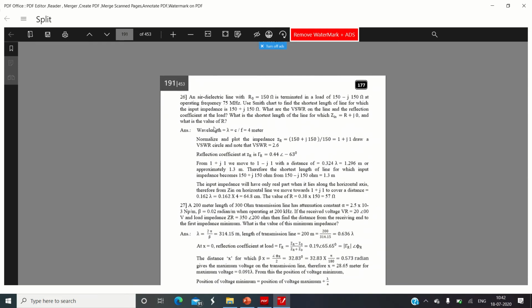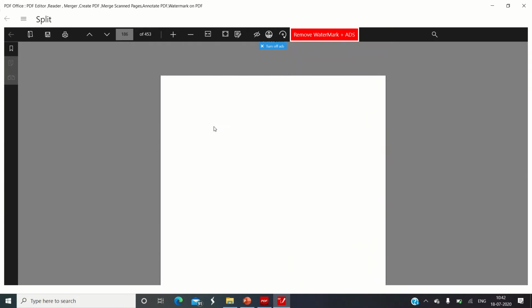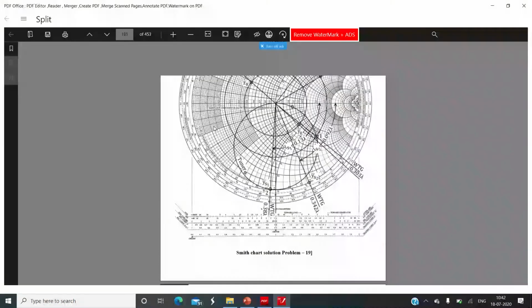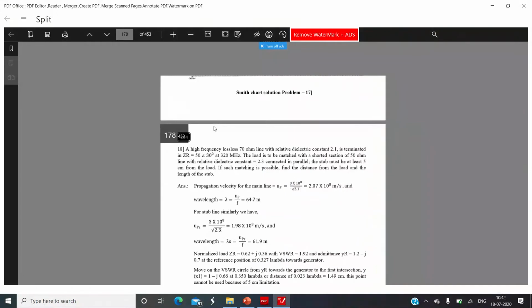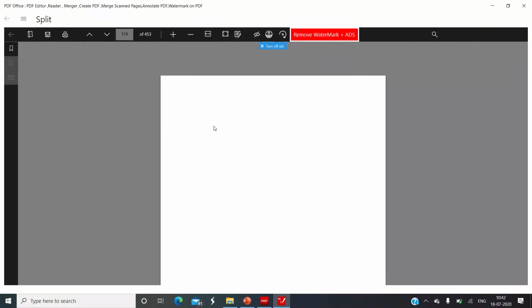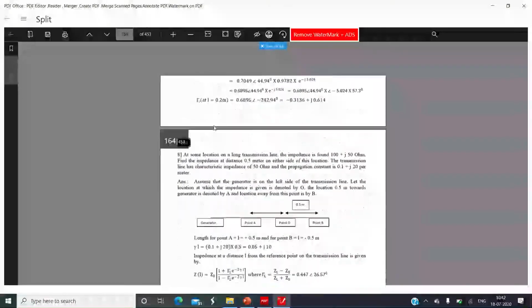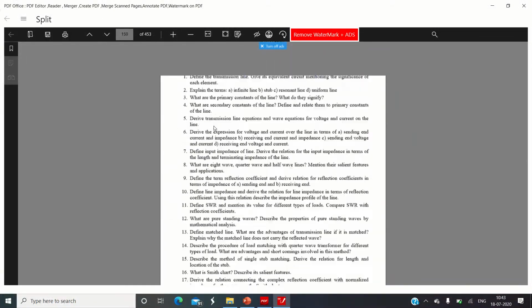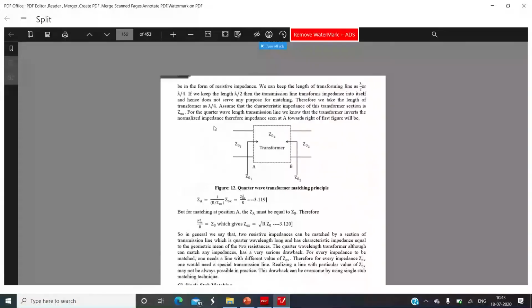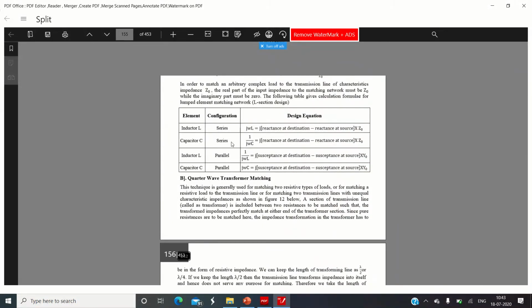These are the solved examples from my book. I want to come to the table of standard equations to calculate the lumped values of inductor and capacitor. Looking at these equations, for the series value of an inductor we need to first take the destination minus source. Please remember, we made a reverse over here.